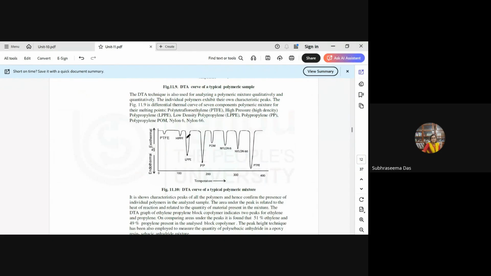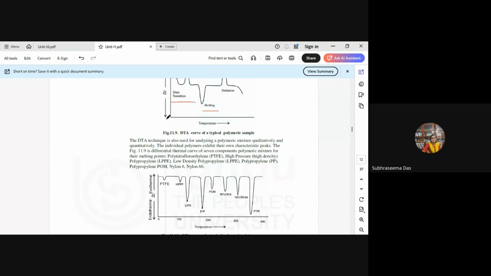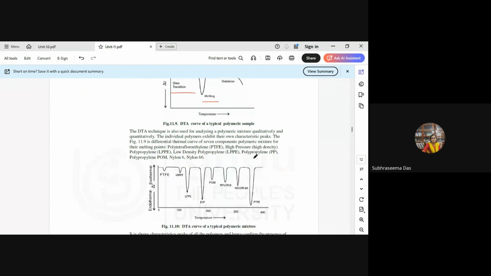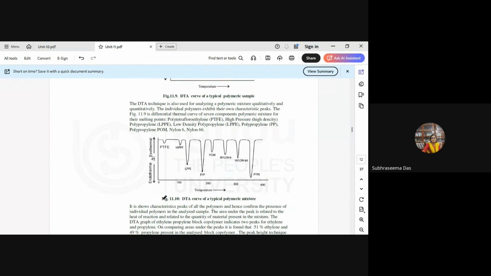The DTA technique is also used for analyzing a polymeric mixture qualitatively and quantitatively. Here in 11.9 you can see the different thermal curves of 7 components of a polymeric mixture. In 11.10 you can see the endothermic and exothermic peaks of different polymers.